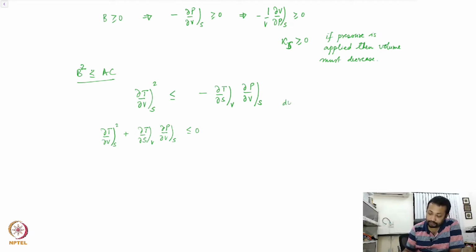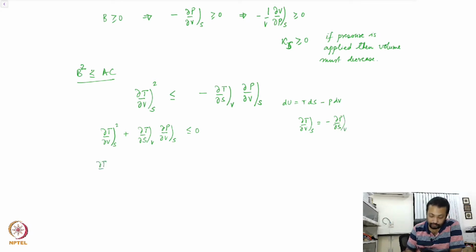If you recall, dU was TdS minus PdV, and therefore ∂T/∂V at constant entropy is minus ∂P/∂S at constant volume.